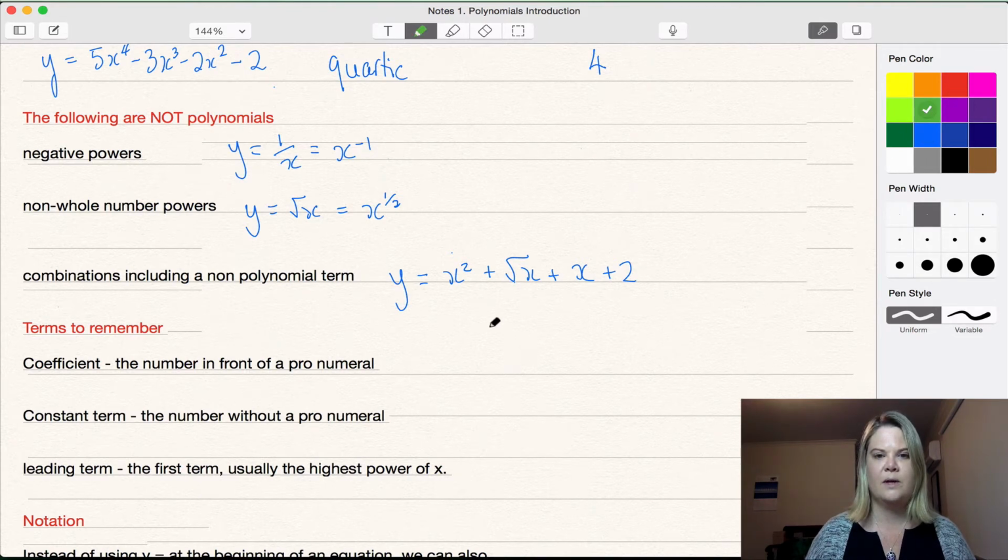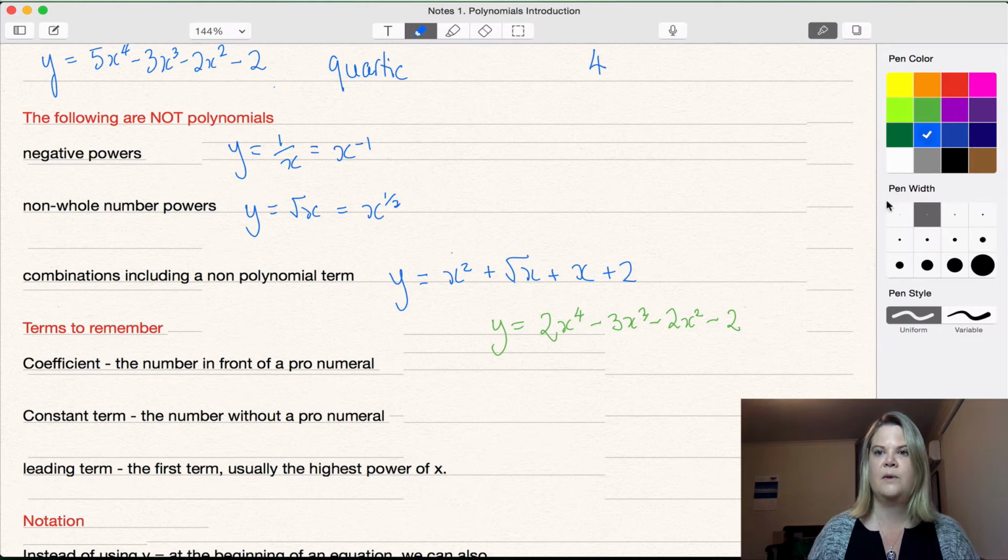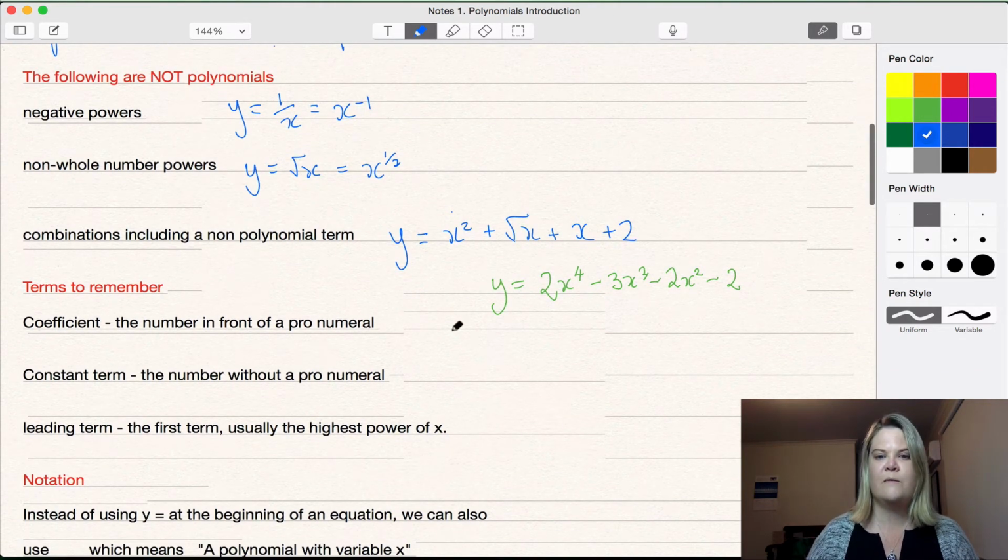I'll put it in green: 2x to the 4 minus 3x cubed minus 2x squared minus 2. Okay, I'm going to use these examples for all of these terms. Coefficient, number in front of a pronumeral.